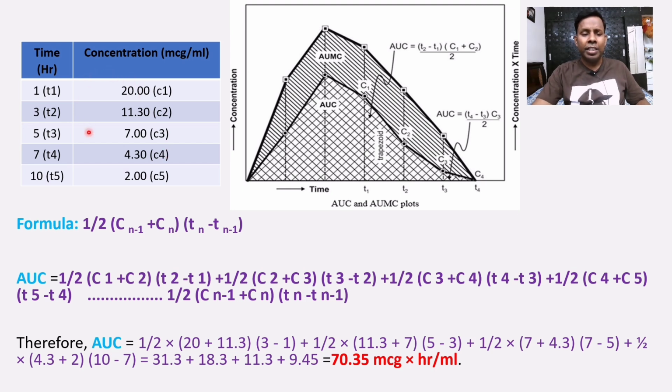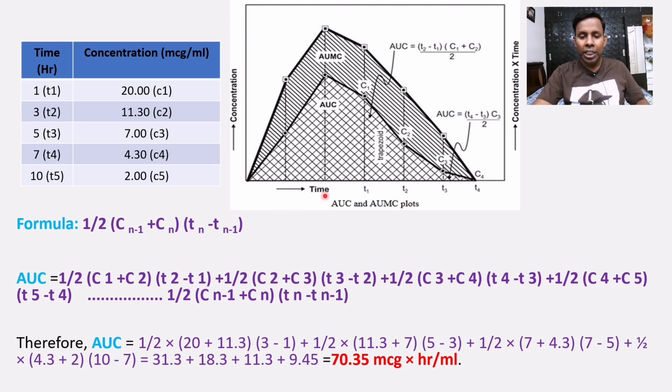So, to make it simple, here in brackets I have written T1, T2, T3, T4 and T5. That means this is the first time, second time, third time, fourth time and fifth time. And similarly C1, C2, C3, C4, C5 means first concentration, second concentration, third concentration, fourth concentration and fifth concentration. This x-axis is time, y-axis is concentration.